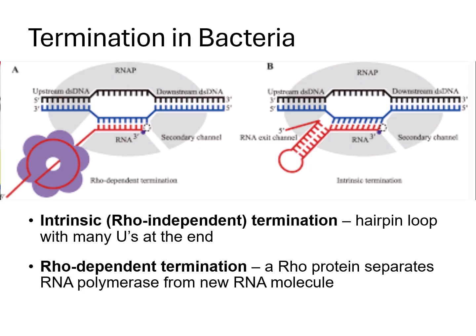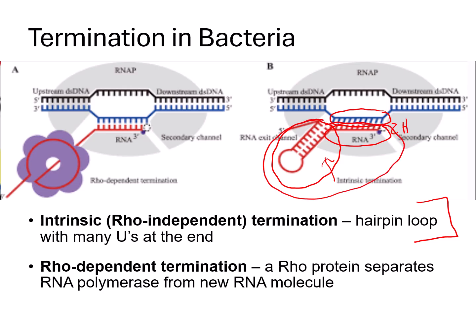So those are shown here. We have intrinsic or rho-independent termination. What happens is there is going to be a bunch of G's and C's in our RNA transcript, forming this hairpin loop, followed by a bunch of U's because the template will have a bunch of A's. This big bulky structure, followed by weaker bonds, remember only 2 hydrogen bonds between A's and U's, will cause this whole RNA molecule to fall off and separate from the template strand.